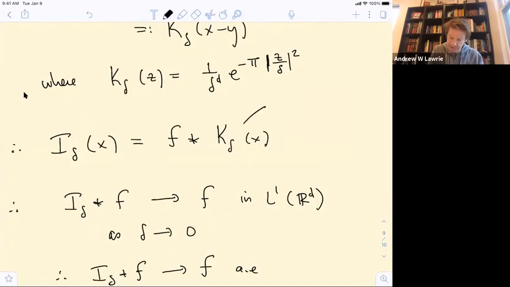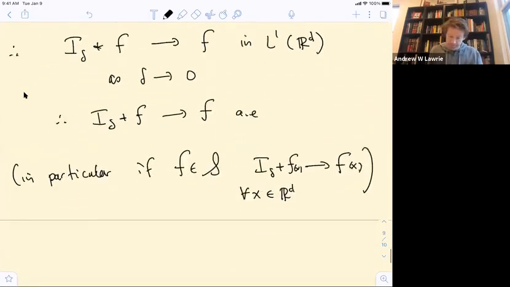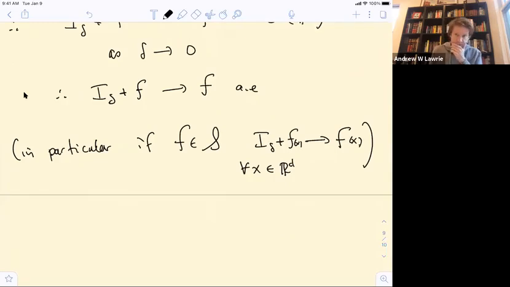So the thing is that it's an approximate identity. Yeah, so this is the inversion theorem.